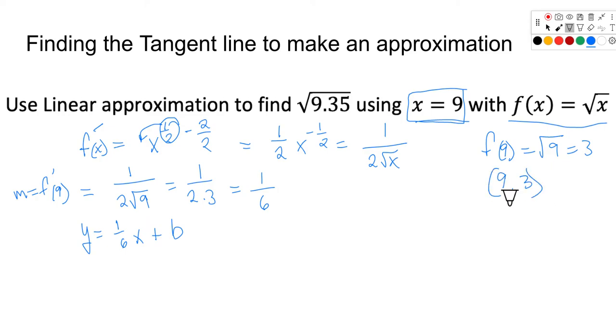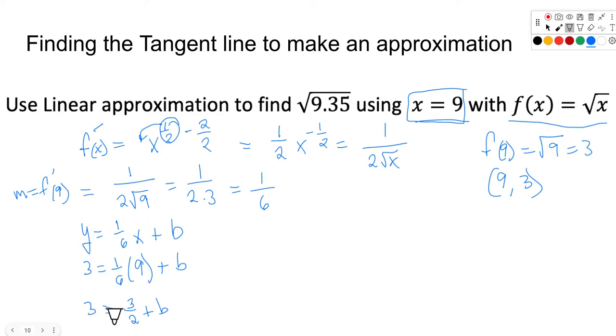Okay, so we use that to finish off the tangent line. Or again, you go to your calculator and have it give it all to you, that'd be fine. But y is 3, equals 1/6 times x, which is 9, plus b. 9 divided by 6 is 3/2, which is 1.5.